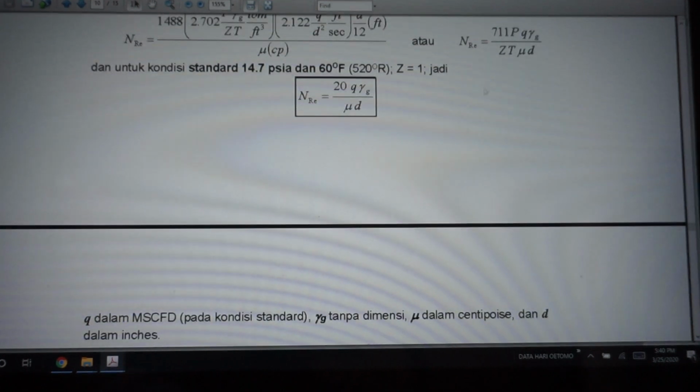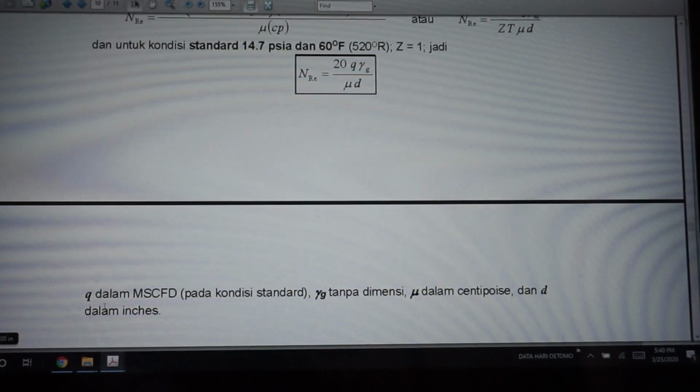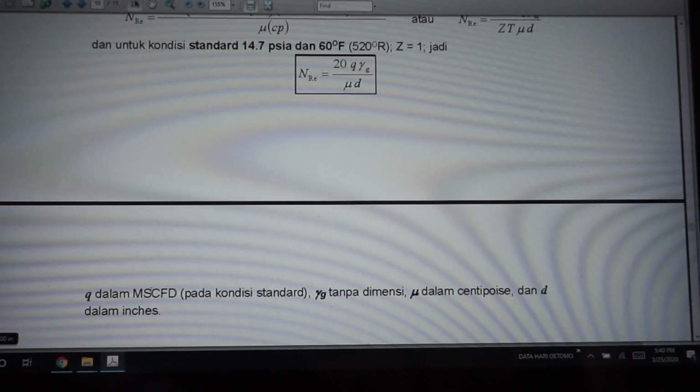Use this one. Okay, and remember that Q, the rate, is in MSCFD, and gamma G is the specific gravity of gas, dimensionless, viscosity is in centipoise, and the diameter is in inches, because it has already been divided by 12.